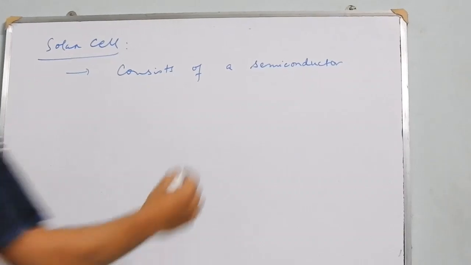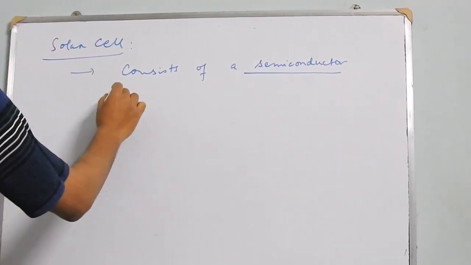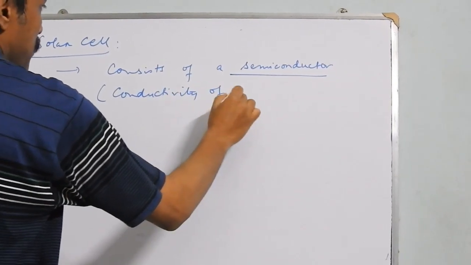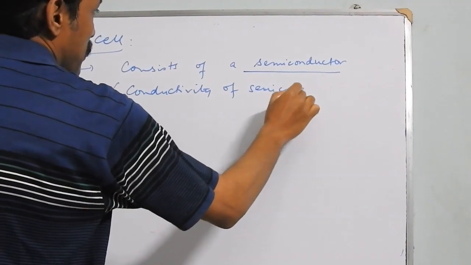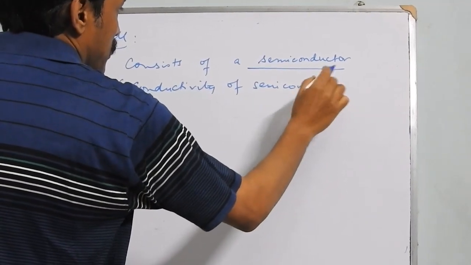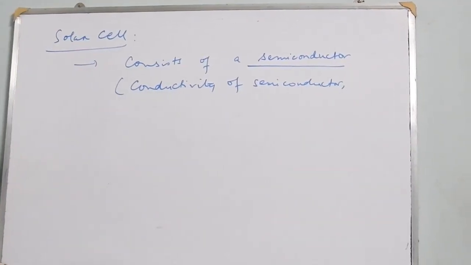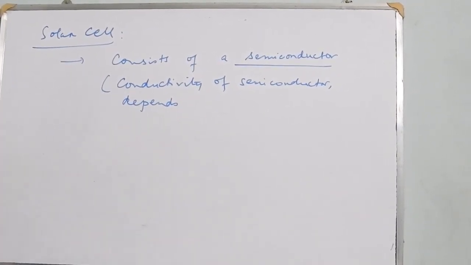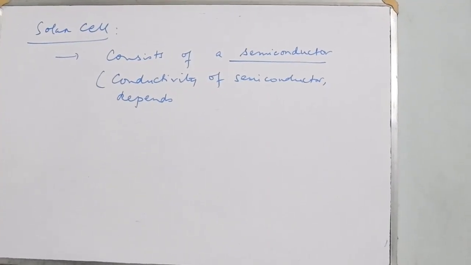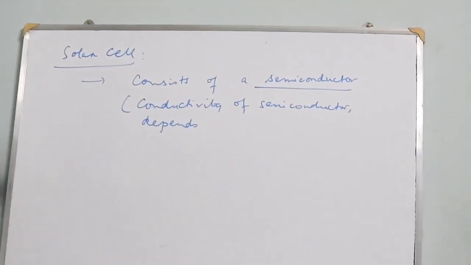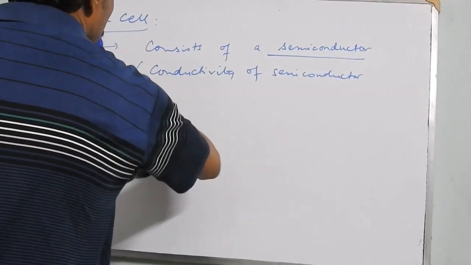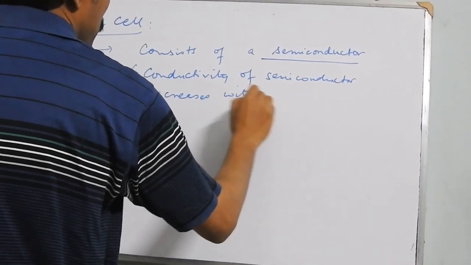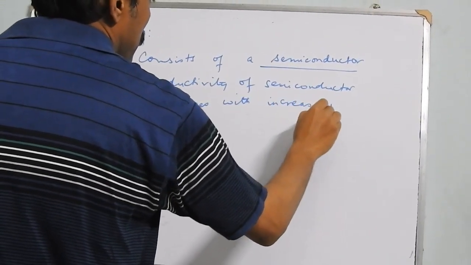The conductivity of a semiconductor depends on temperature. At low temperatures it is less conducting, and its conductivity will increase with increase in temperature.